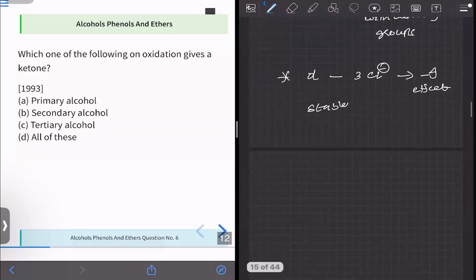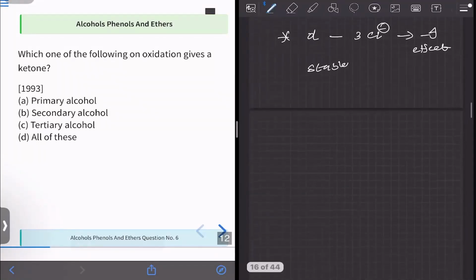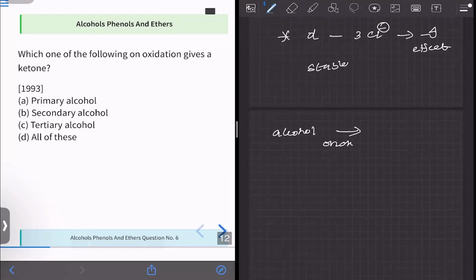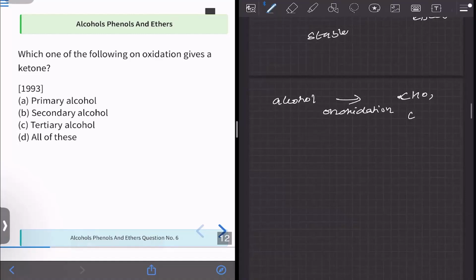Next question. Which one of the following on oxidation gives a ketone? We all know that alcohol on oxidation produces aldehyde and ketone.